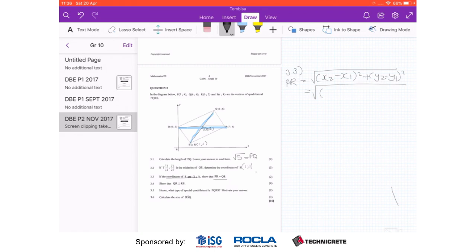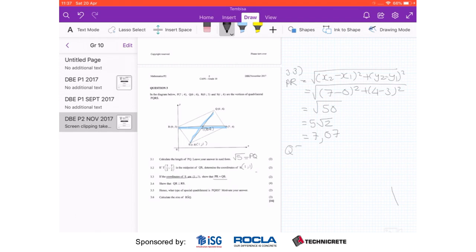So (7 minus 0) squared plus (4 minus 3) squared. Put this straight into your calculator, we get root 50, which simplifies to 5 root 2, and to 2 decimal places is 7.07.